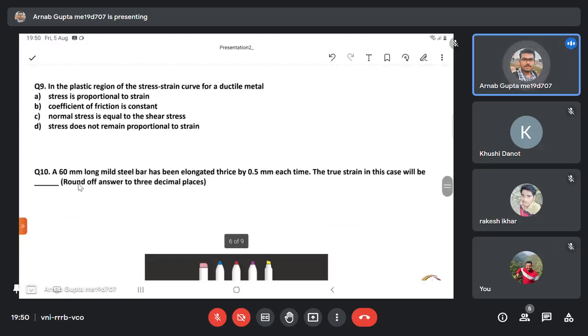In the plastic region of the stress strain curve for a ductile material, which of the following options will be correct?